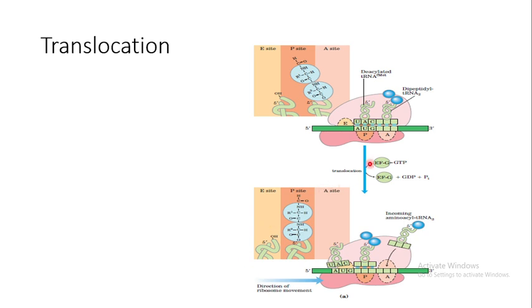See, the same thing has happened. This was the initial complex where the dipeptidyl has been formed, right? So the empty tRNA was in the P site, and dipeptidyl tRNA A2 is in the A site, and the E site is empty.